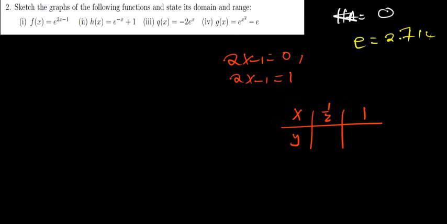So then we'll say y is equal to e raised to the power 2, where there is x we put half, minus 1. y will be equal to e, 2 times half is 1. So 1 minus 1 is 0. e, any number to the power 0 is 1, so this is 1.